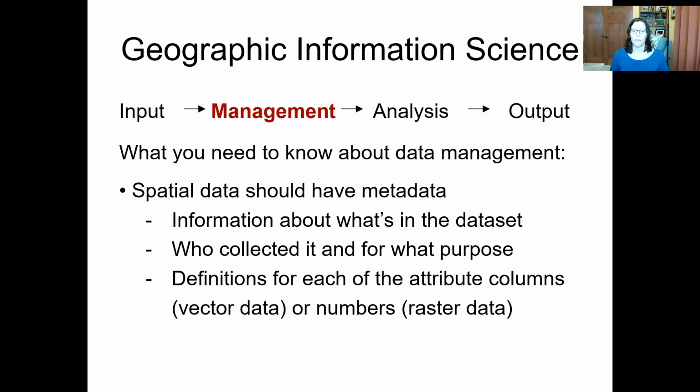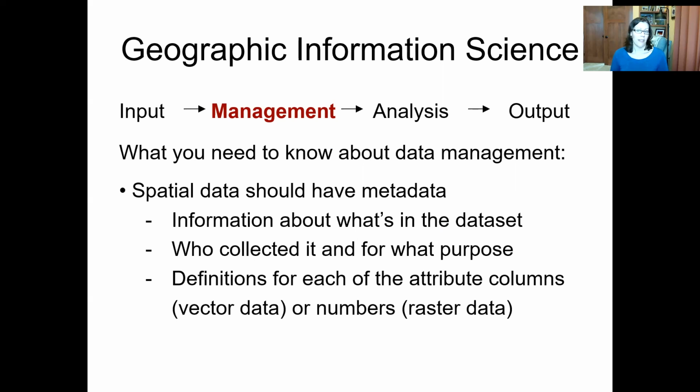That can include who collected it, what the purpose of the data set is, and when it was collected. It should also contain definitions and descriptions of each of the attribute columns. If you're using vector data, what the values mean in each of the attribute columns. Or if you're using raster data, it should have information about what each of the numbers mean in your raster data set.